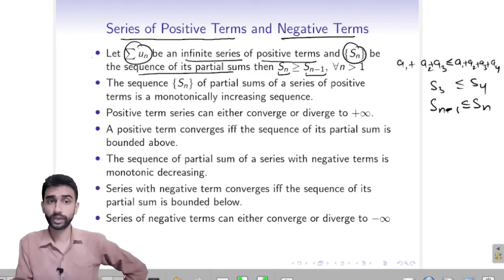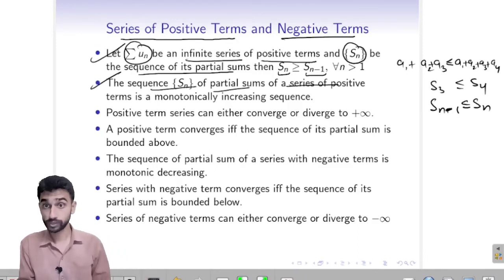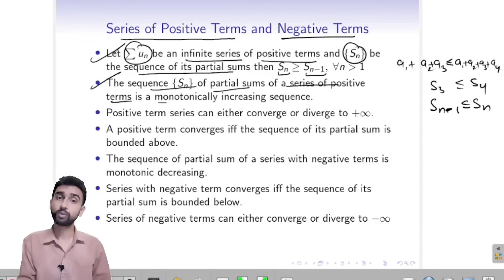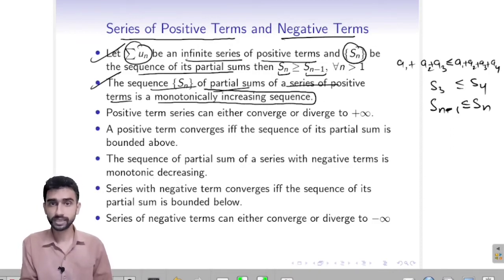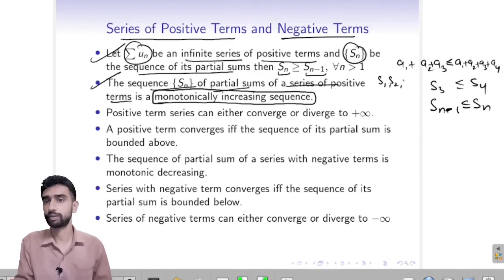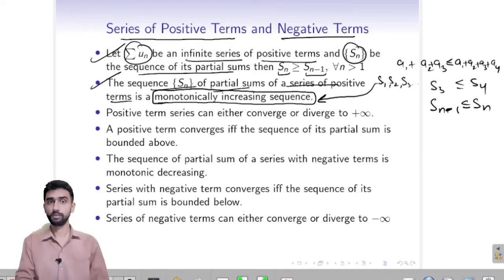Next, the sequence Sn of partial sums of a series of positive terms is monotonically increasing. So if you are finding the sequence of partial sums S1, S2, S3 for a positive term series, it will always be a monotonically increasing sequence.